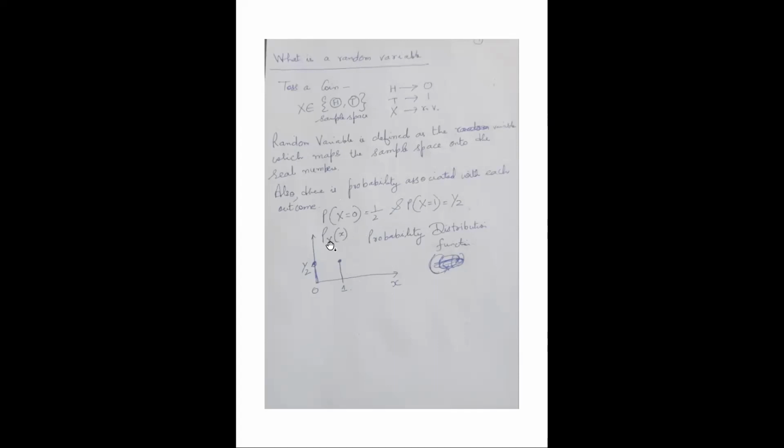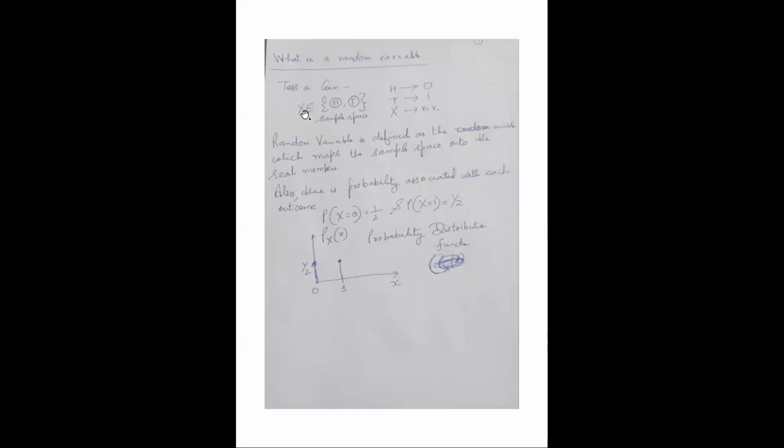How do we denote it? We denote it by probability. In the subscript, we will write capital X, that means capital X is the random variable. And in the argument, we will write small x, which defines the values of the random variable. This is a very standard practice you will see in the books to write what the random variable is and what the probabilities associated with it are.